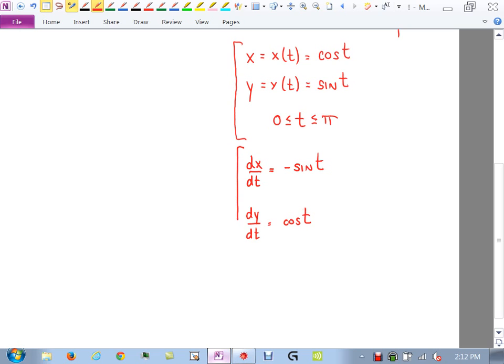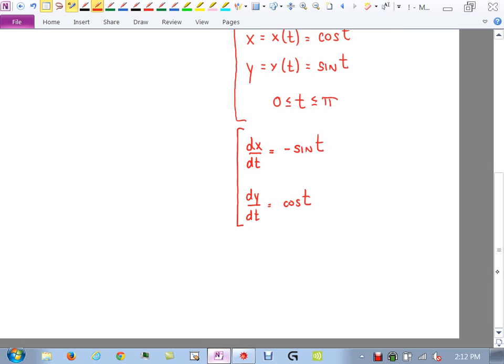Now what I'm going to do is try and write down what ds is. ds is equal to the square root of (dx/dt) squared, negative sine t, then squared, plus (dy/dt) squared, cosine t squared, and then dt, which is just 1.